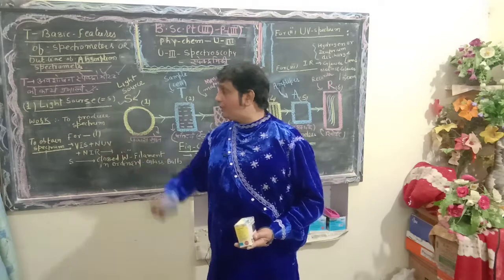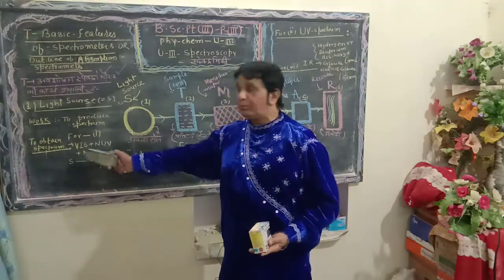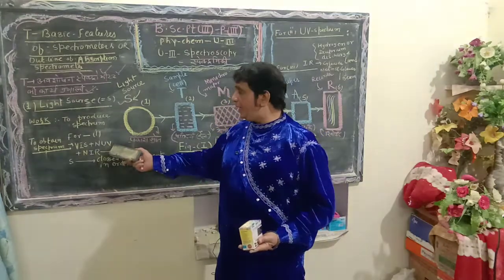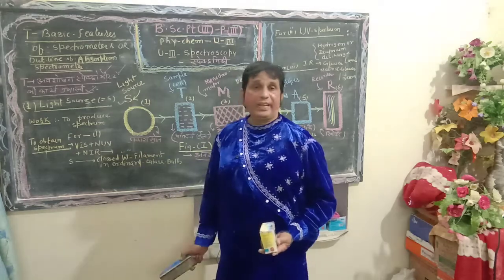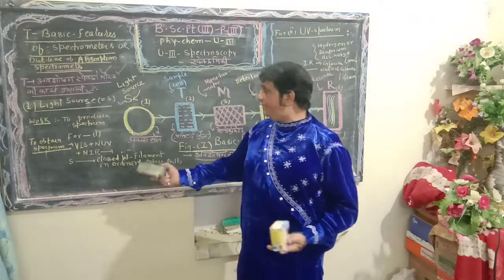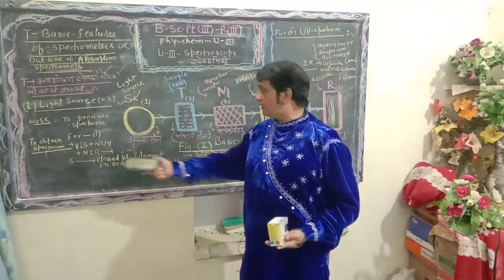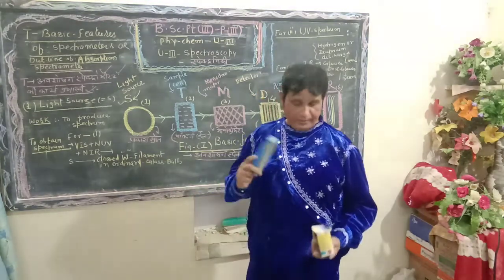Now to produce a spectrum, dear students, suppose we want to produce the spectrum of visible, NUV that is near ultraviolet, plus NIR, near infrared light. In such a case, the light source used will be a closed tungsten filament in an ordinary glass bulb.